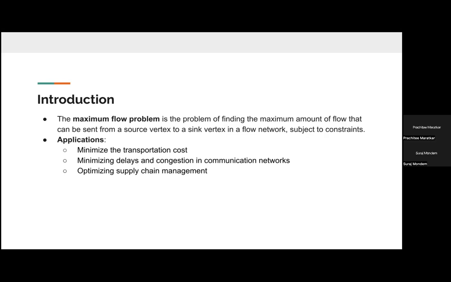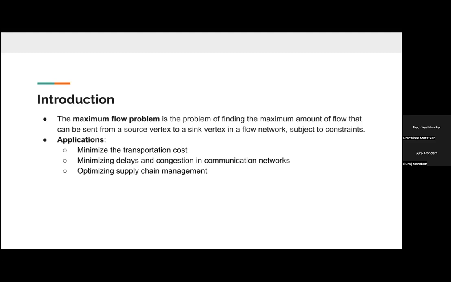Now, talking about the application, there are certain number of use cases for such maximum flow problems. One is in case of communication networks, where the algorithm can be used to find the maximum flow of data through a network while minimizing the delays and the congestion related issues.